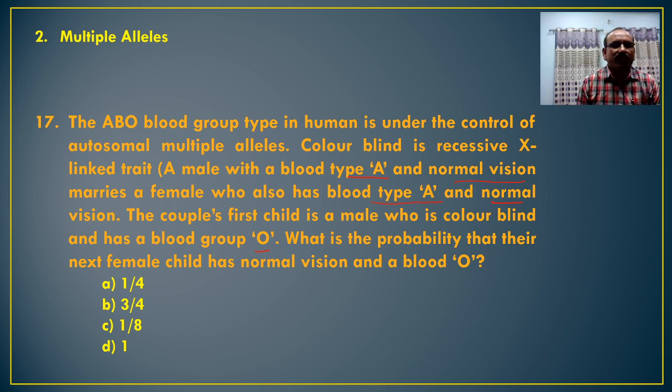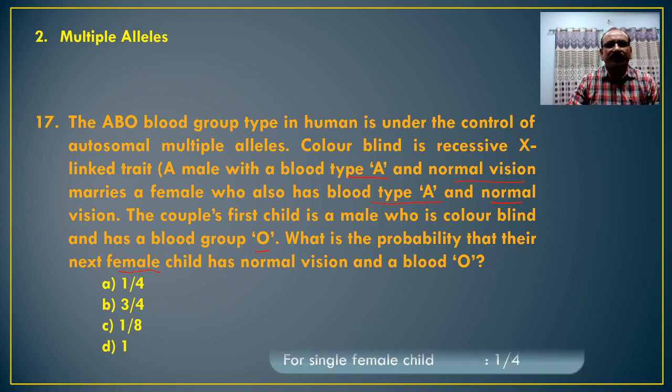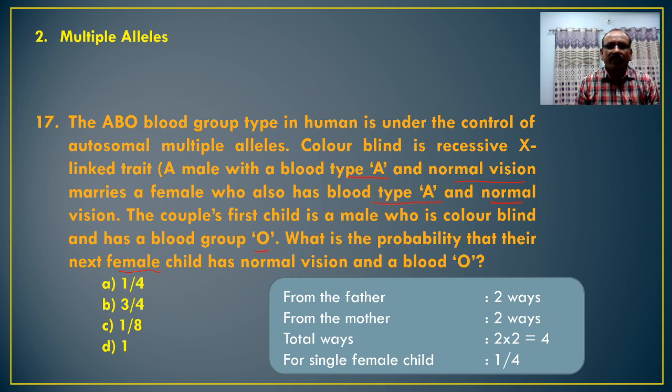We have to focus that the question asks about a female child, and we are dealing with two different characteristics: the X-linked character, that is color blindness, and the autosomal gene, that is the blood group type. The production of the child from the father will be in two ways, one diseased or another normal. In a similar way from the mother also there are two ways, diseased and normal.